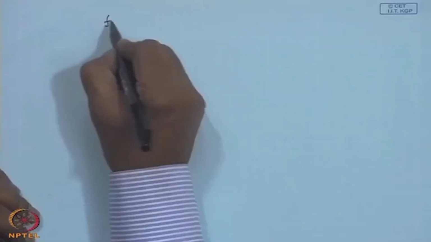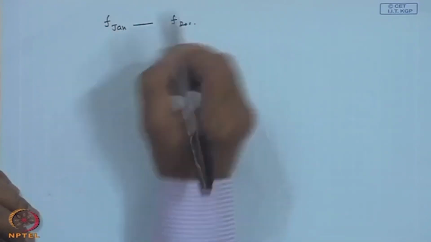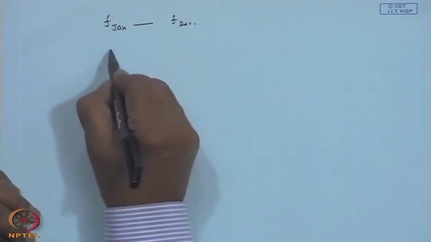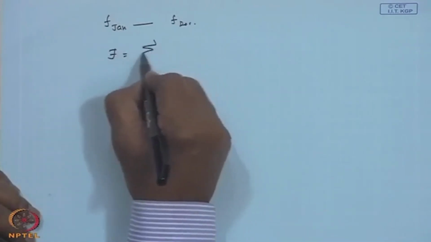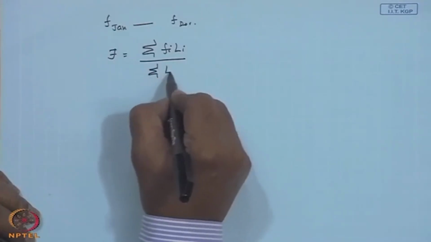Now, this is the solar load fraction we have calculated as per the specifications of the system, meets 12 kilowatts 12 hours a day for the month, and collector parameters are given for 1 month January. Then you can calculate that F January to F December, and then capital F will be sigma Fi Li upon sigma Li.